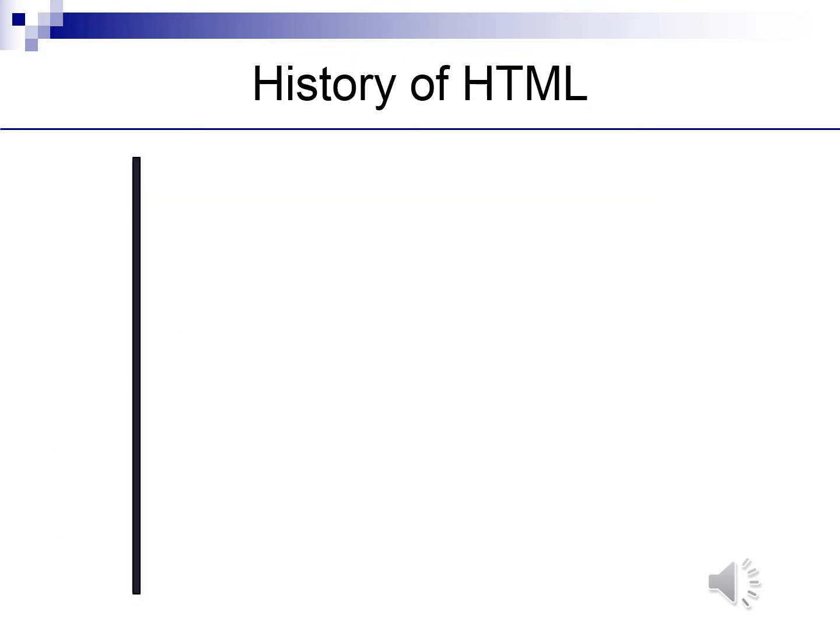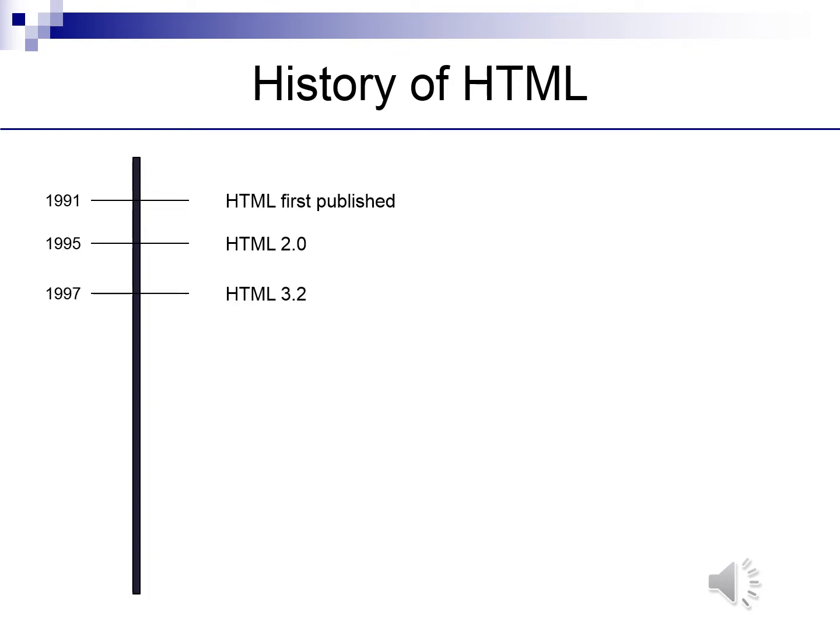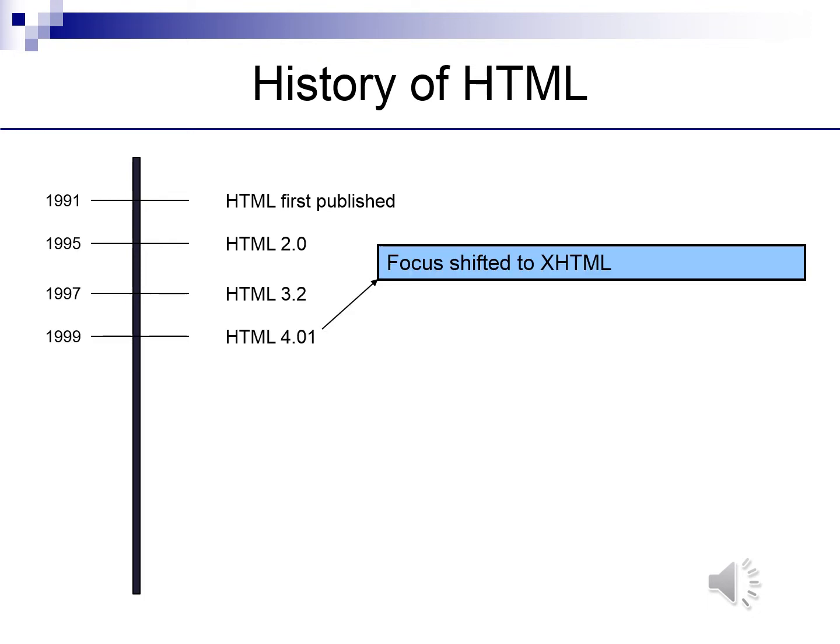Now let's look at the history of HTML. HTML was first published in the year 1991. Later, in the year 1995, HTML version 2.0 was released. Later, in the year 1997, HTML 3.2 was released.